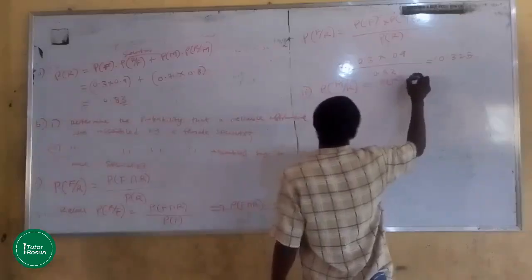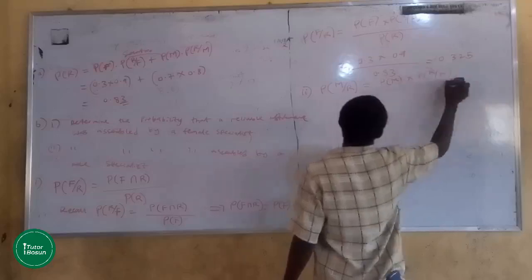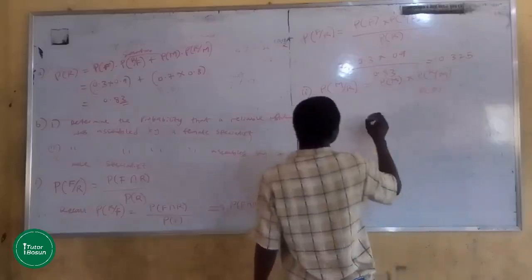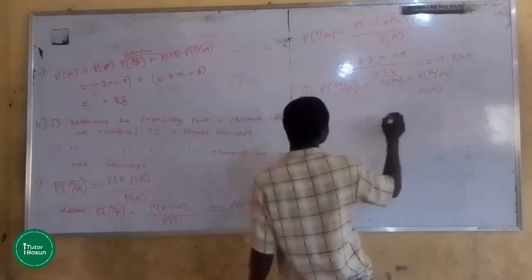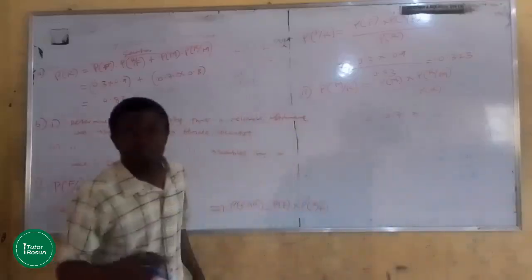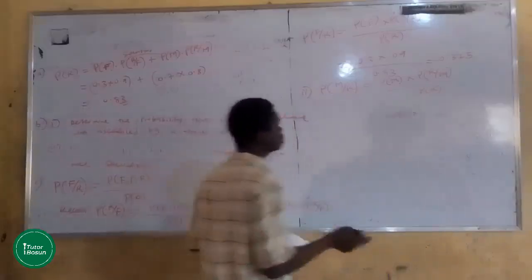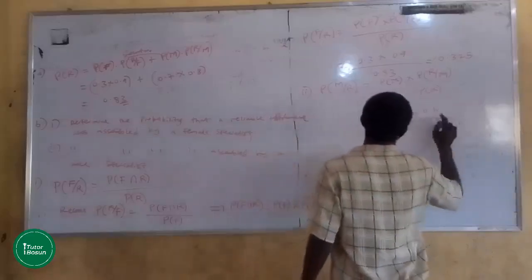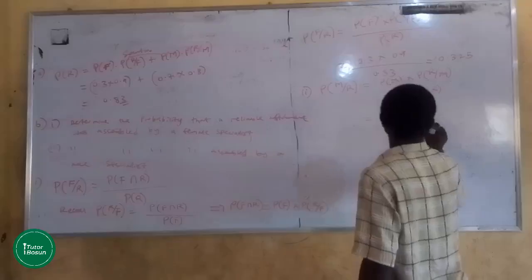The probability of male, 0.7 from the question, times the probability of reliable given male, 0.8 from the question, over the total probability, 0.83.